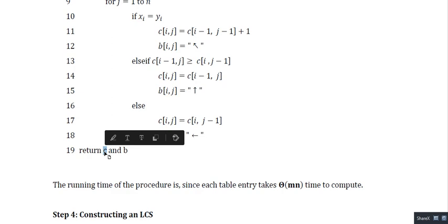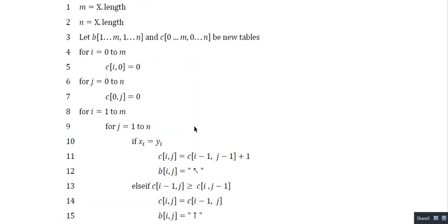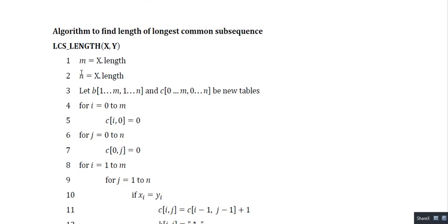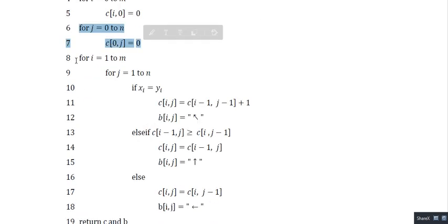Earlier I told you, if we apply the brute force method or the traditional technique to solve this LCS problem, it will require around n times 2 to the power n time, which is almost exponential in nature. But here, one loop will take time m, another will take time n, and the nested loop will take time mn.